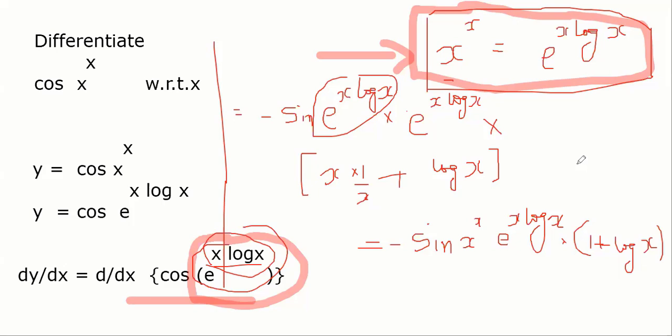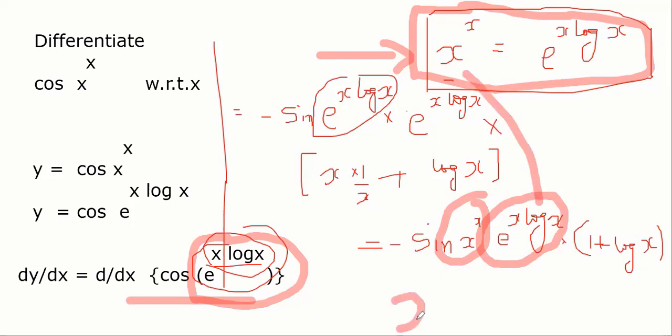Sir, in this last step, can we write e power x log x as x power x itself? Yes, you can write. You can convert this also to x power x. You are right.